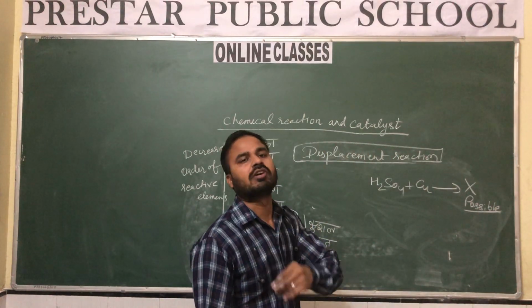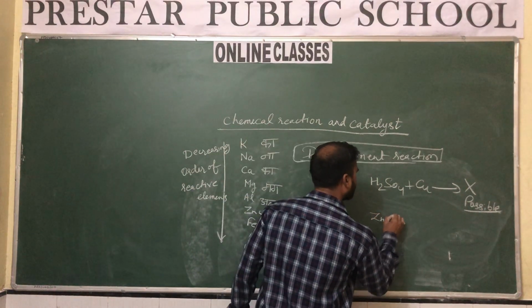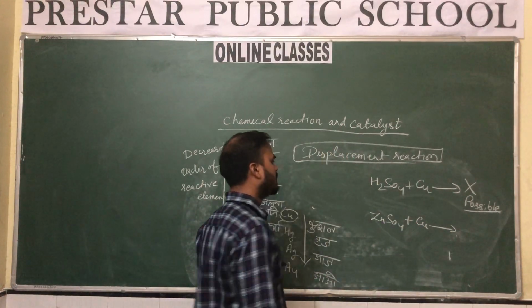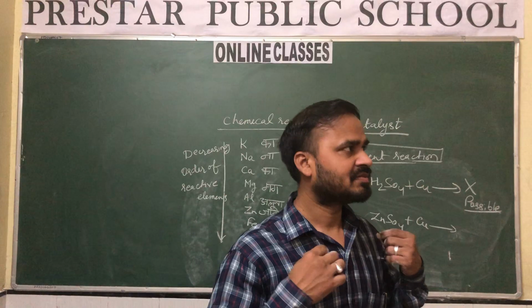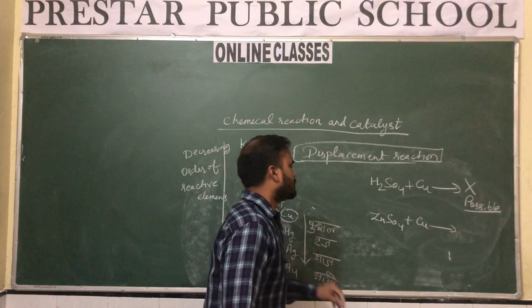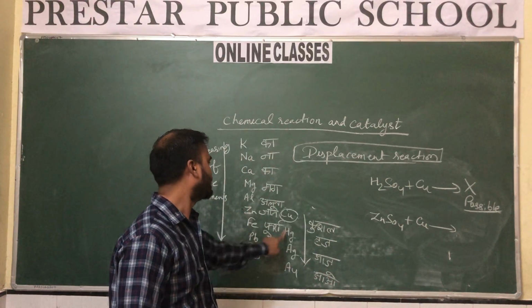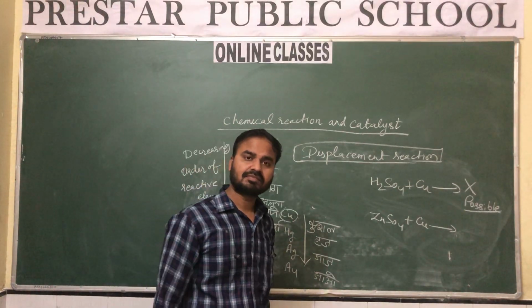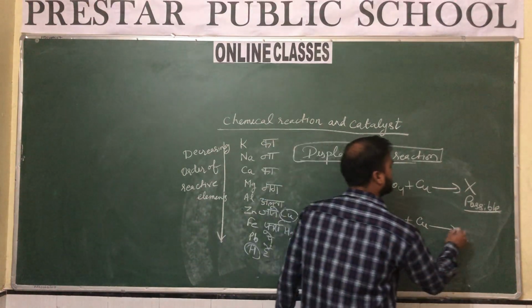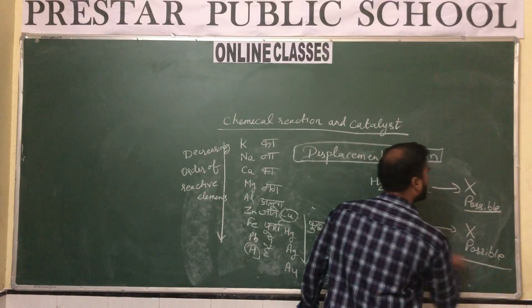Is that understood? Okay, let us take another example. Now tell me, is this reaction possible or not? Just see the table. It is zinc. Now just see copper. Which one is more reactive? Zinc is more reactive, so again this reaction is not possible.